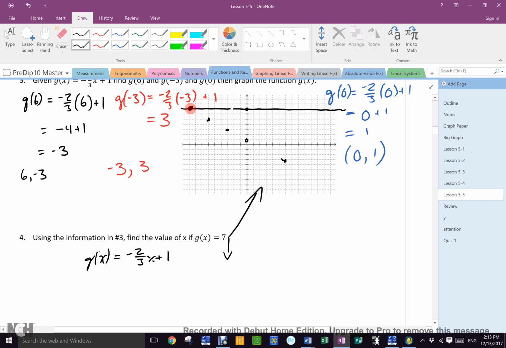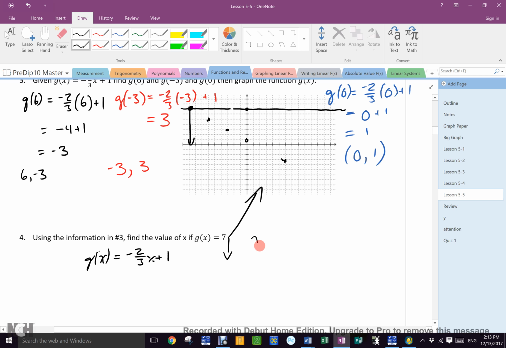I'm looking for the x value. Where does the x value live? Right there. What is it? 7, 8, 9. If that was 7 and you went straight down. So x equals negative 9.